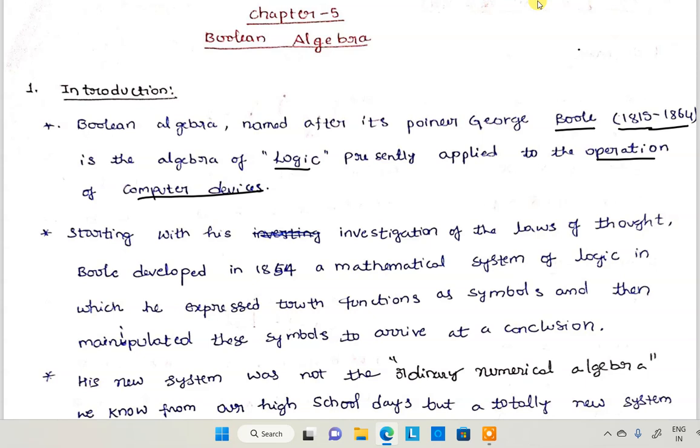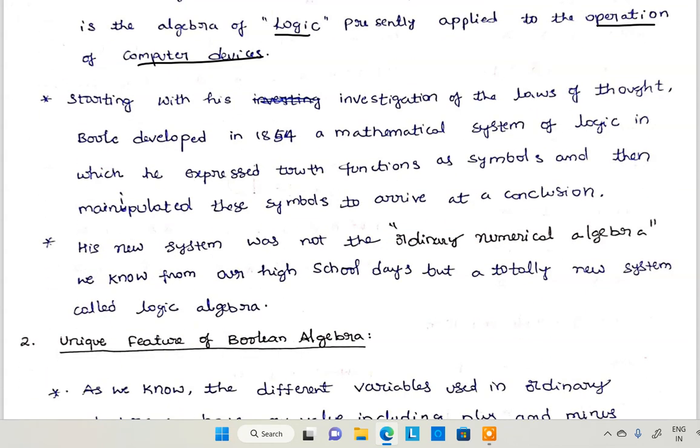All the computer devices we are using operate with this particular logic. That means these are the basics of digital electronics: AND gate, OR gate, the logics we use in computers. It is useful for you.